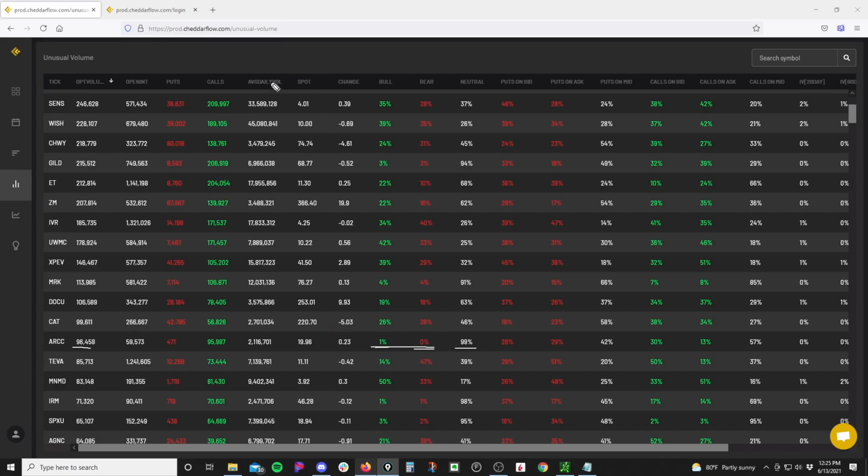This section over on the right-hand side is more support of this initial glance at option volume over open interest. This is what I'm really focused on, because it shows me there's an uptick in interest on Friday in the options market for ARCC and for VXRT, which I just went over.